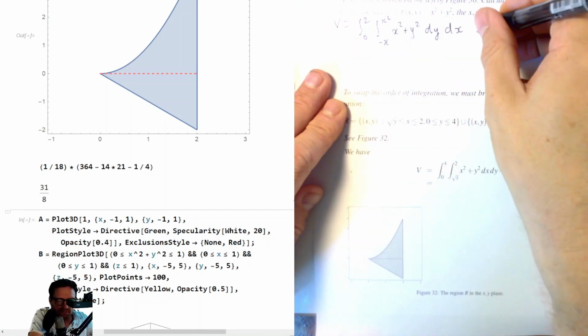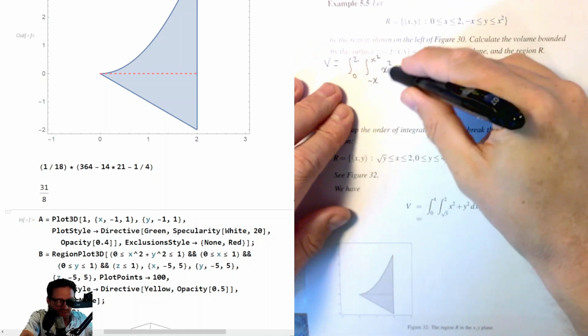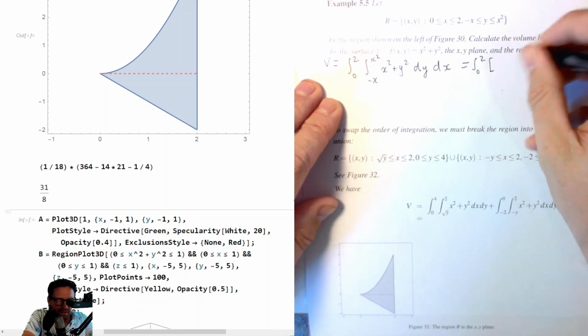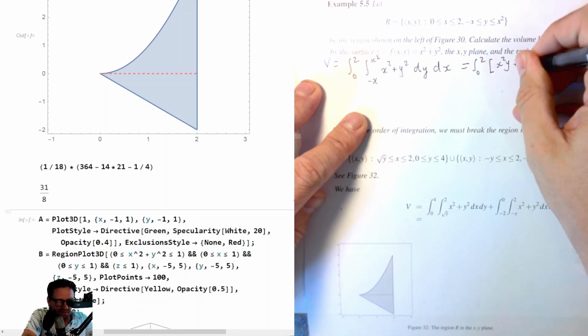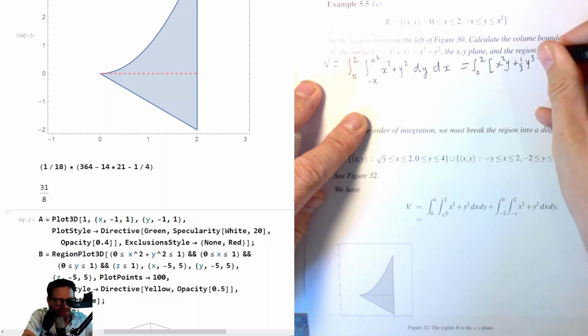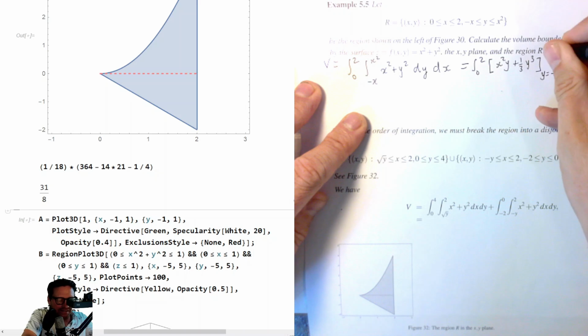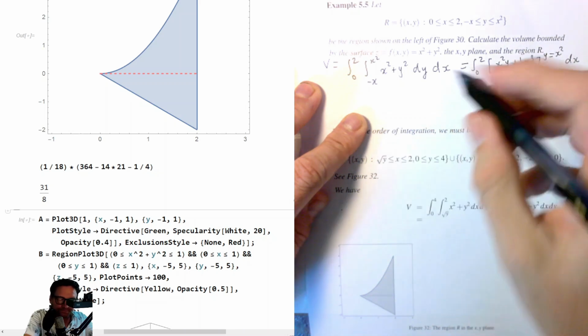All right, so I'm going to put this over here now. So integrating this with respect to y, we have x squared y, and then plus 1/3 y cubed, from y equals minus x to y equals x squared, and then we've got to integrate that with respect to x.